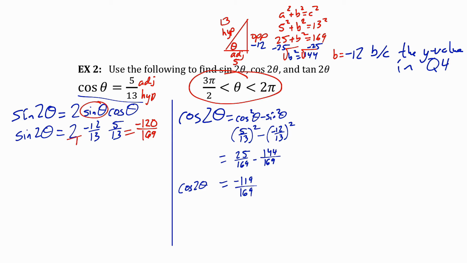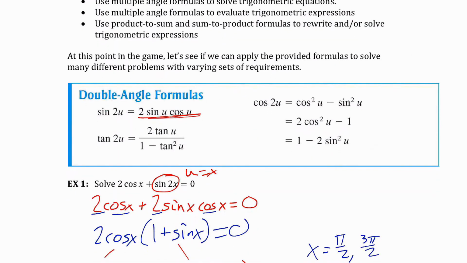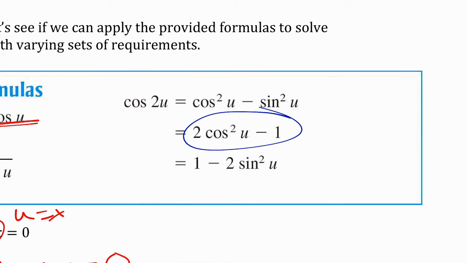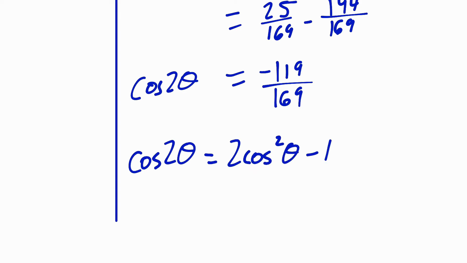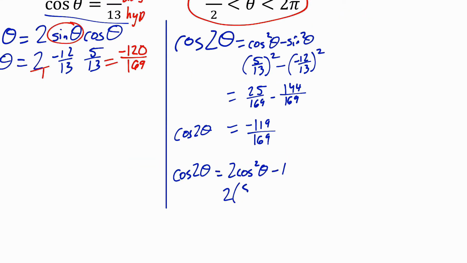Now again, if you use one of the other versions, it doesn't make a difference. So if you were to do 2 cosine squared minus 1, let me do that one right quick. So I'll say cosine of 2 theta equals 2 cosine squared of theta minus 1. Well, we know cosine is 5 over 13, and we're squaring that, and we're subtracting 1.